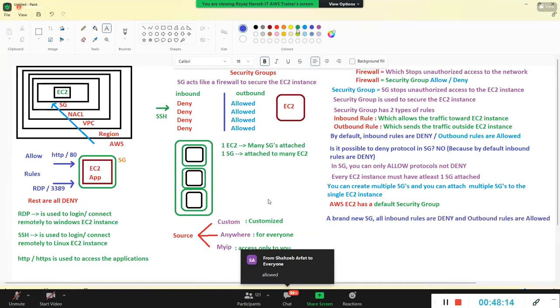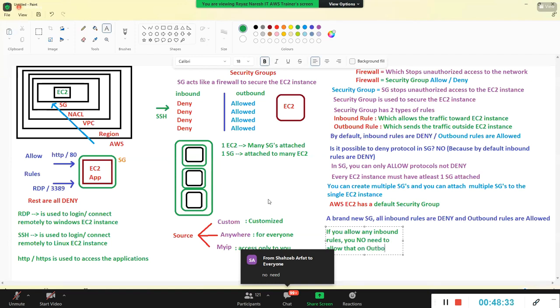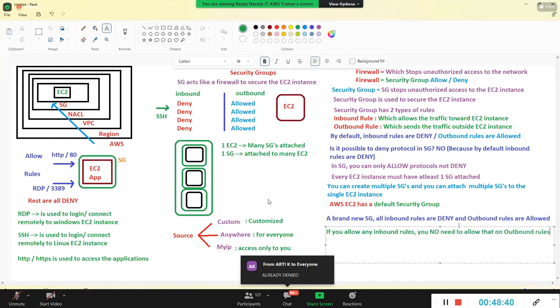If you allow any inbound rule, do you need to allow that on outbound rules? No need. You do not need to allow that on outbound rules.